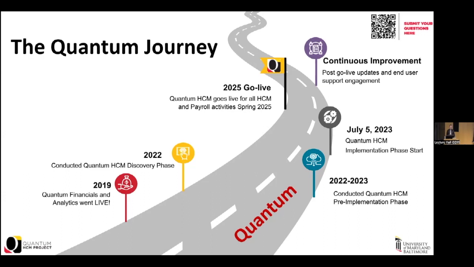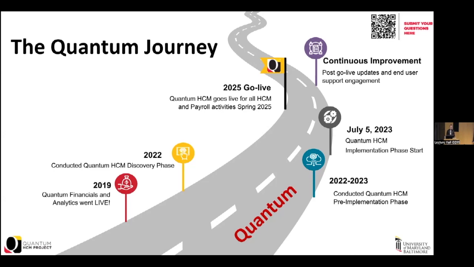The first thing that happened in 2019 was the go live of our quantum financial system, which a lot of you are using today. I guess all of you are using it in some way or the other. In continuing that journey for quantum, we kickstarted the QHCM project, which is the Quantum Human Capital Management project, to replace our existing PeopleSoft HR systems.